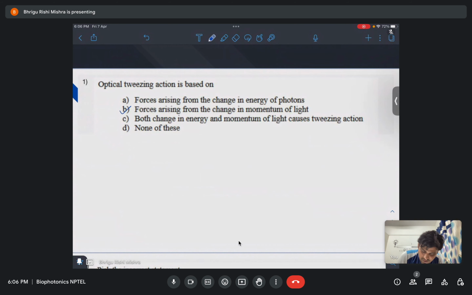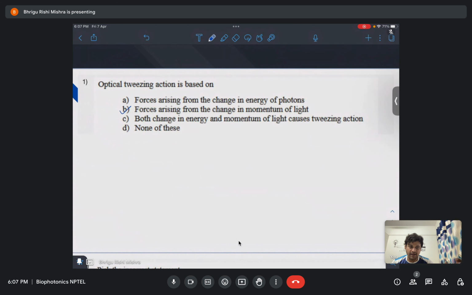So let's discuss a little bit about optical tweezing or optical trapping. I have taken this content from the Introduction to Biophotonics book by Prasad. Optical trapping is based on the fact that photons have linear momentum.